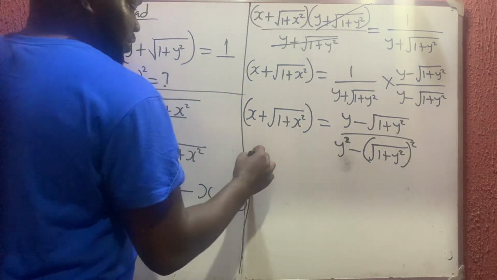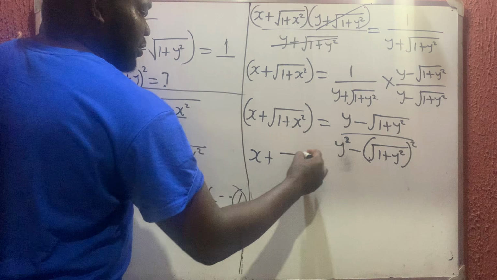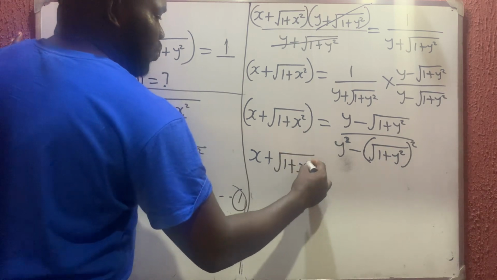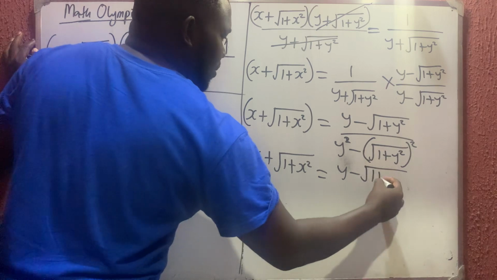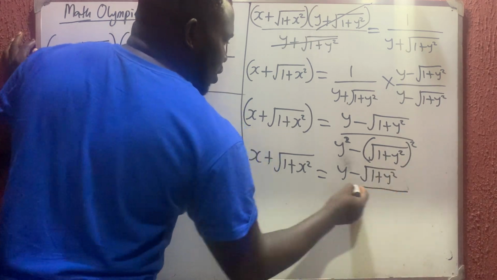So this is now that x plus the square root of 1 plus x squared is equal to y minus the square root of 1 plus y squared, all over.